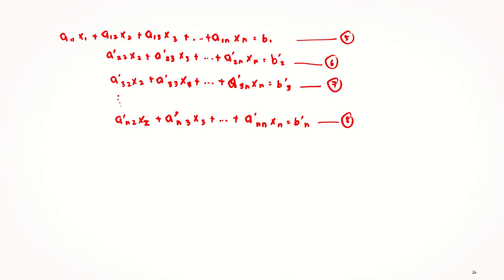Notice that if we multiply the first row by A21 over A11, it's also equivalent to dividing it by A11 and multiplying it by A21.